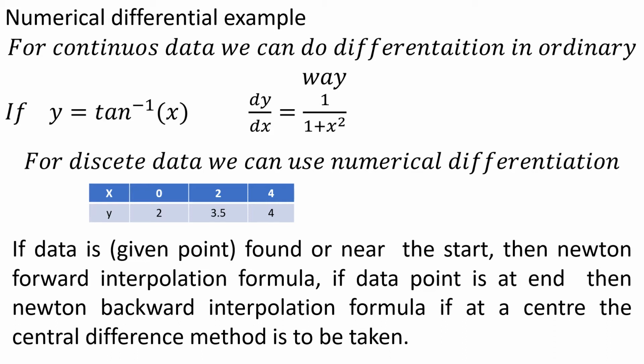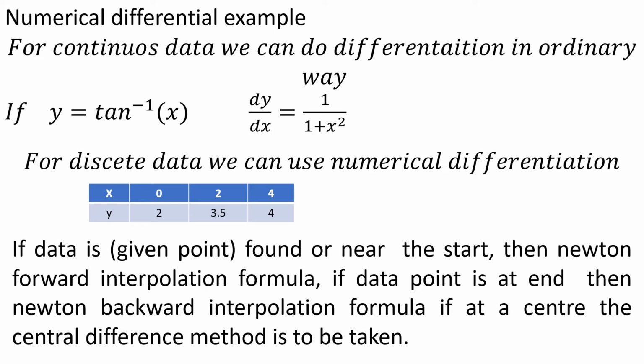If the value falls near the start, then the formula we apply will be Newton forward. If the value at which we have to find the differential is at the end, then the formula used will be the backward interpolation formula. And if it is at the center, then the formula will be different: the central difference method is to be taken.